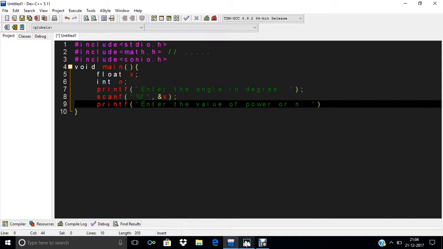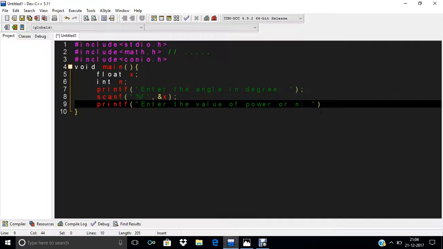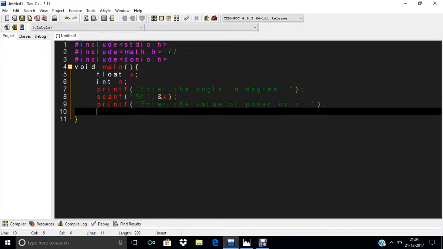I'm talking about this, don't forget: x raised to 1, x raised to 3, raised to 5, 7, and so on, the odd powers. Scanf percentage d because it's an integer data type, and n. So we got the inputs.